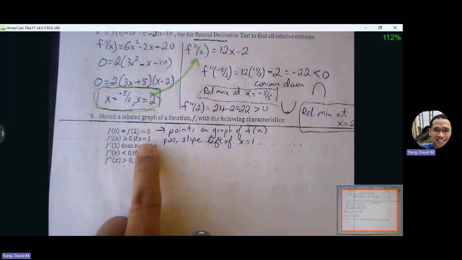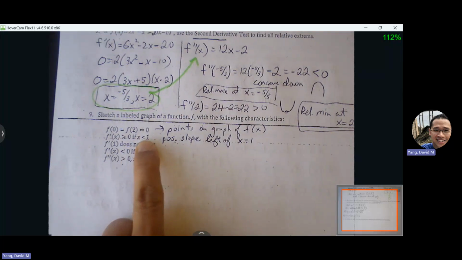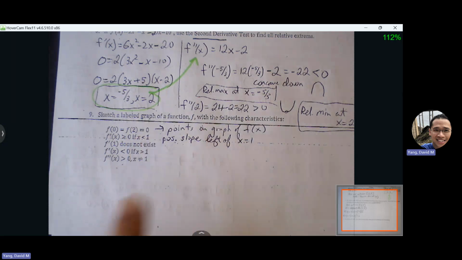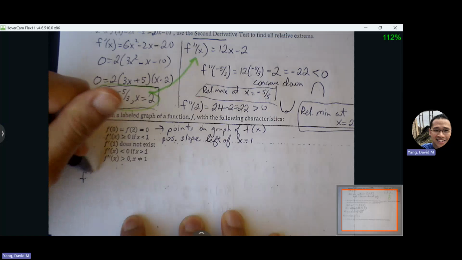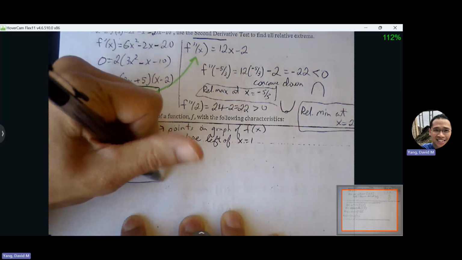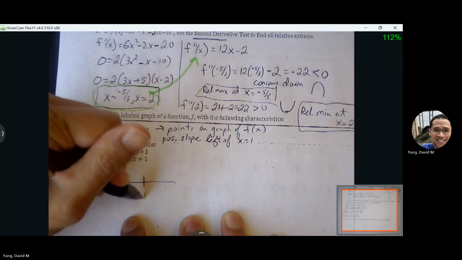So whenever they give you a value and say something is happening to the left or to the right of, that means it's a critical point. That means that number is going to go on your number line, your sign line, because there's a definite interval that is being created. So from that statement alone, we can populate a portion of the sign line.